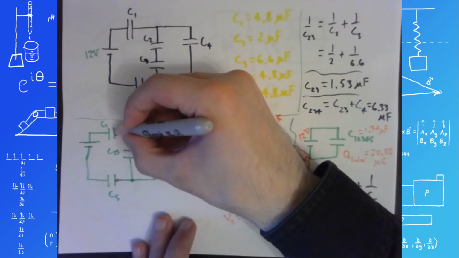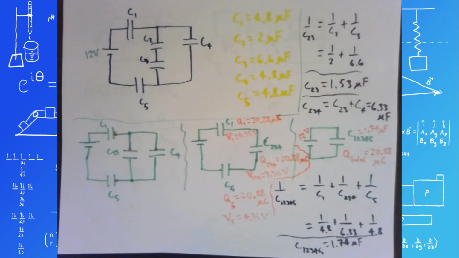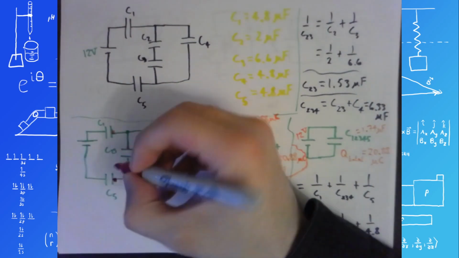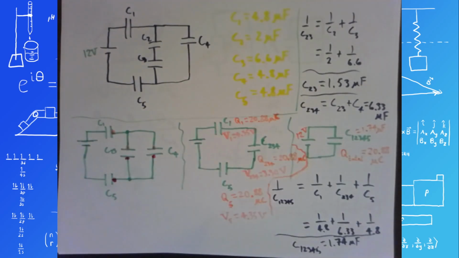So this point and this point and this point are all connected by metal, so they must be at the same voltage. There must be no change in voltage across them there. And then this point and this point and this point must all be at the same voltage because, again, they're connected by metal.